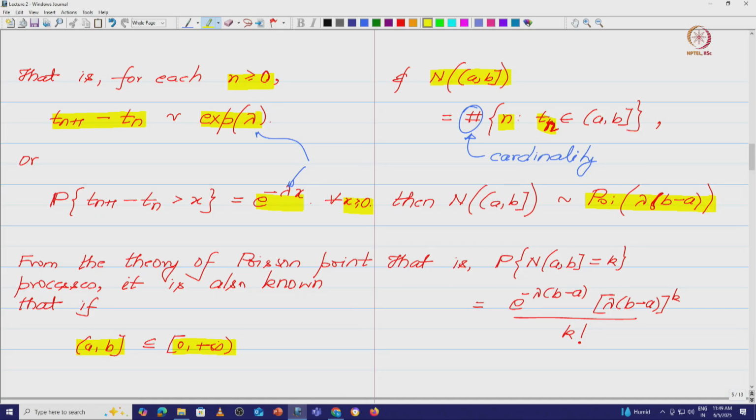This lambda comes from the parameter lambda, and b minus a is the size of the interval. And when I say this is a Poisson random variable, what I mean is that the probability that N(a, b) equals k will equal the expression given over here.